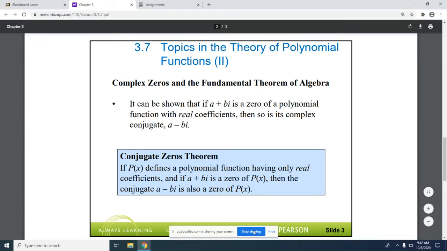So I'm going to go back to our document camera, and I'm going to write out some examples of what are called conjugate pairs. If you're given one complex number as a zero, just keep in mind that it must contain a conjugate pair.